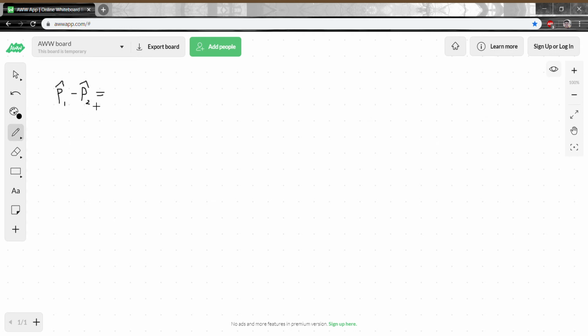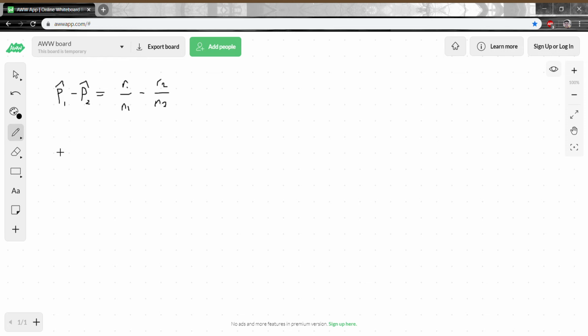P1 hat minus P2 hat is just going to be the number of successes for the first over the number of trials for the first, minus the number of successes for the second over the number of trials for the second. This is just an expansion of the equation of this by itself.